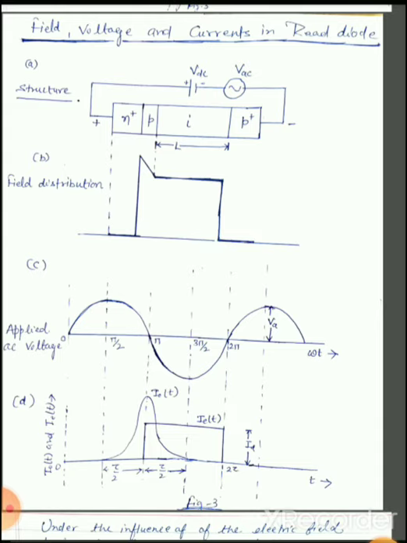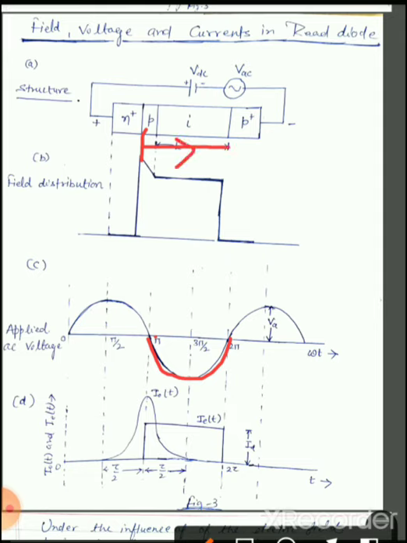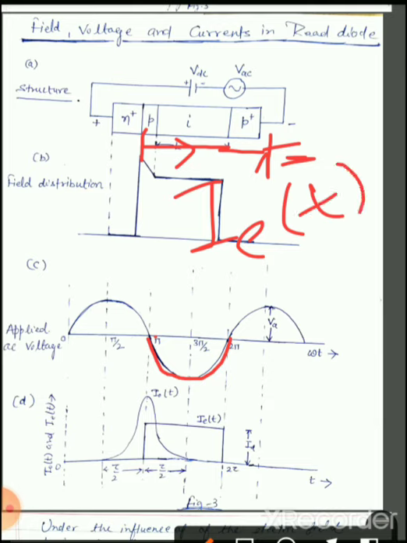Under the influence of the electric field during the negative cycle, the generated holes are injected into the space charge region towards the negative terminal, and induce a current I_E(t) in the external circuit.